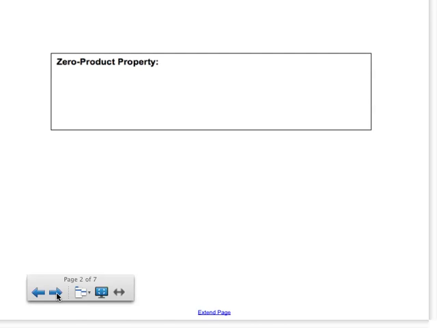Zero product property says that any number times 0 is 0. So if I have a times b equals 0, then a equals 0 or b equals 0. One of them has to equal 0.